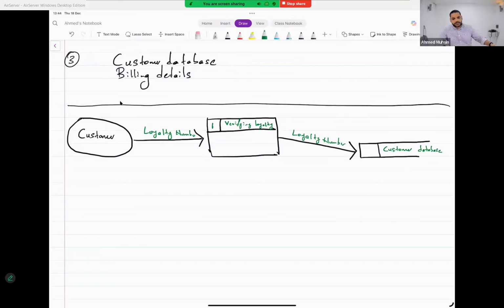Then guys, our second process is, everybody, our second process is what? Record the purchases, right? Items purchased. Recording items purchased is our second process.